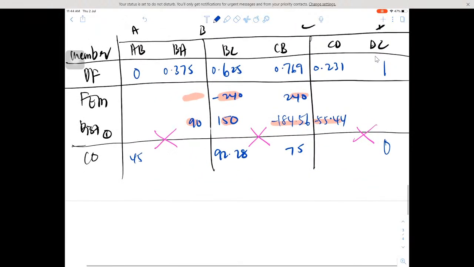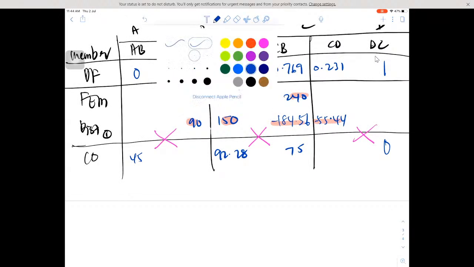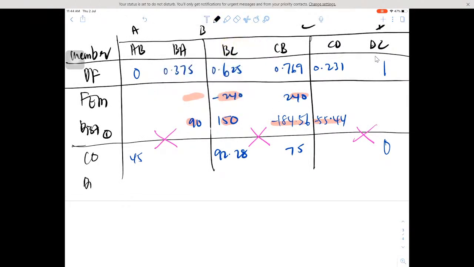Okay, so we continue with the next distribution. This is distribution number 2. Again, for A, because the factor is 0, it is negative 45 times 0. For joint B, it is negative 92.28.